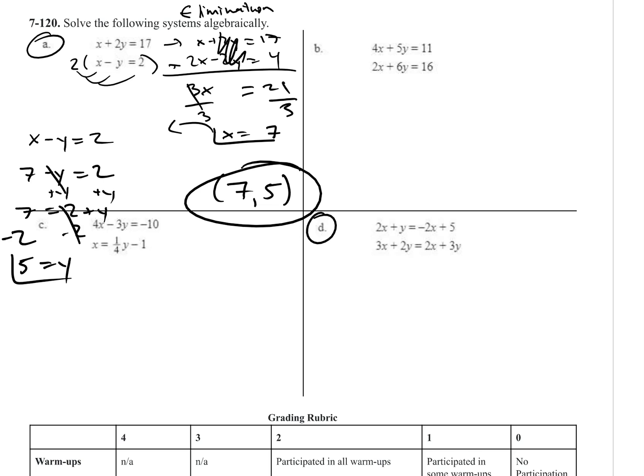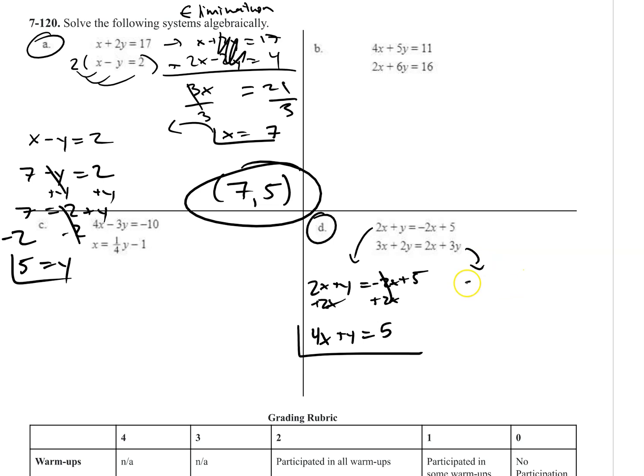Alright, D. This one is kind of strange. So I'm going to get all the x's and y's on one side and then use elimination. Okay, so for the top equation, I'm going to add 2x to each side. And I've got 4x plus y equals 5.